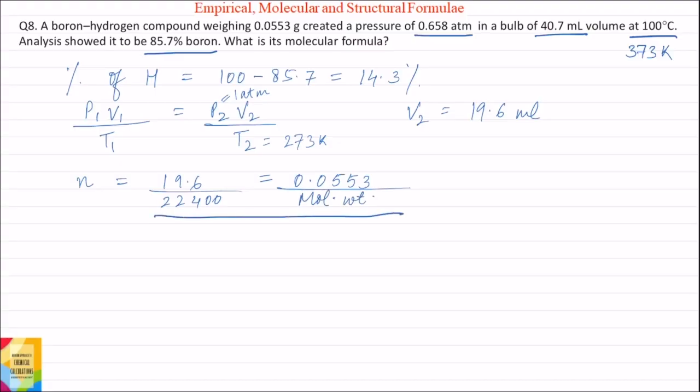Now solving this equation, the molecular weight of the boron hydrogen compound will be approximately equal to 63.